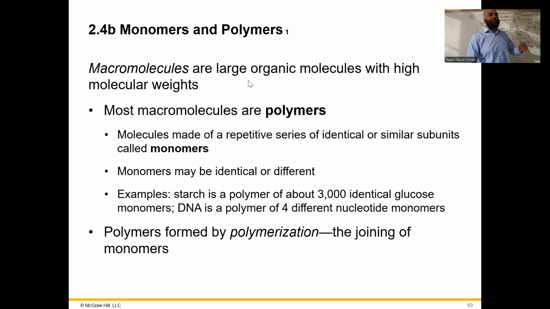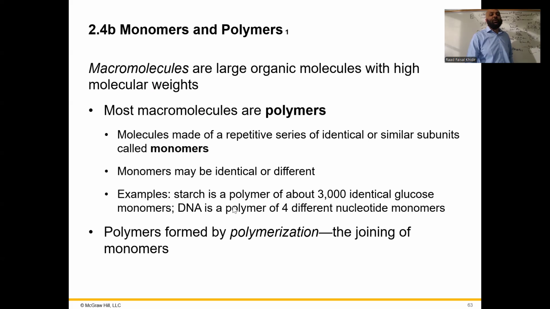Macromolecules are large organic molecules with high molecular weights. So most macromolecules are polymers, molecules made of a repetitive series of identical or similar subunits known as monomers. So we know that the monomers give us polymers. Monomers may be identical or different.